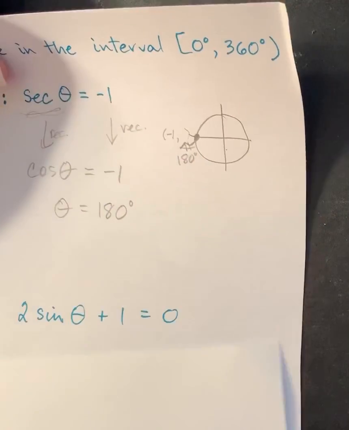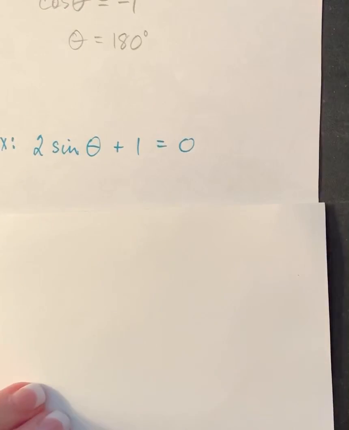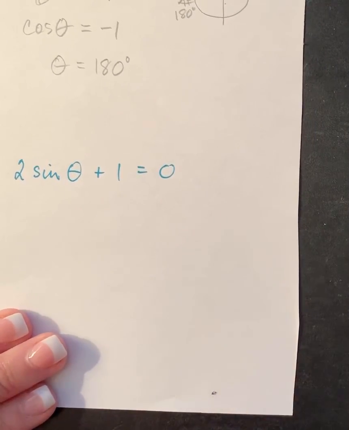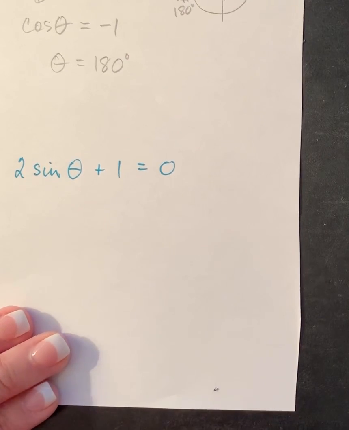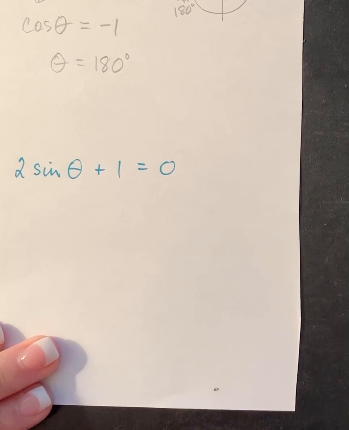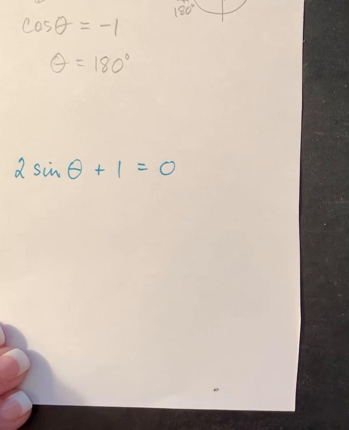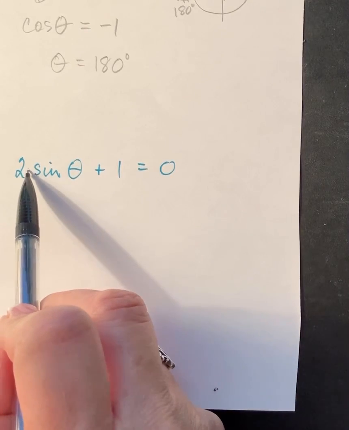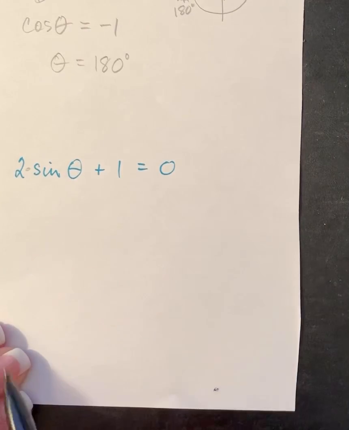Okay, one last one. This one says to solve 2 times the sine of theta plus 1 equals 0. Now this is the first one that we've looked at where it's not solved for the trig function itself. It has other things in it: you're multiplying by a 2 and you are adding 1.